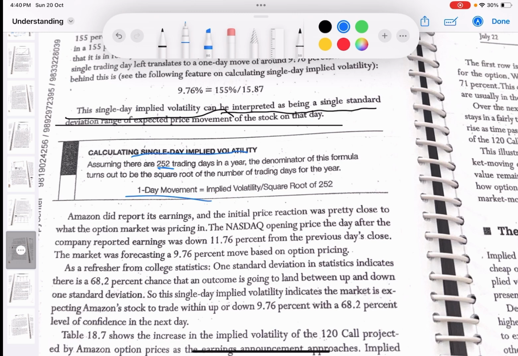Then a 1 day movement would be equal to the implied volatility divided by the square root of 252. We are not taking 365 because if you actually look at every year, there are nearly 252 trading days. So when you divide the implied volatility by the square root of 252, you get the IV of 1 day, or the 1 day movement.